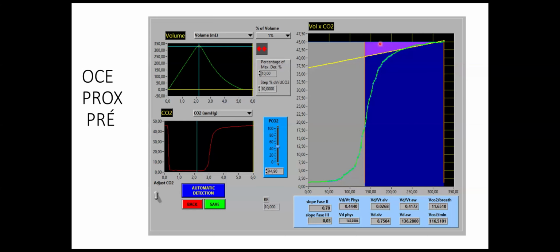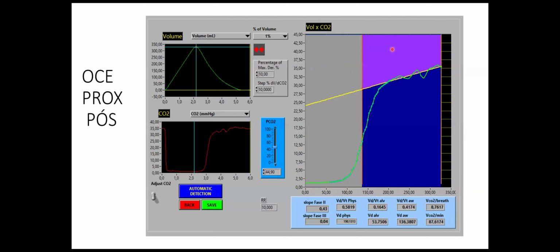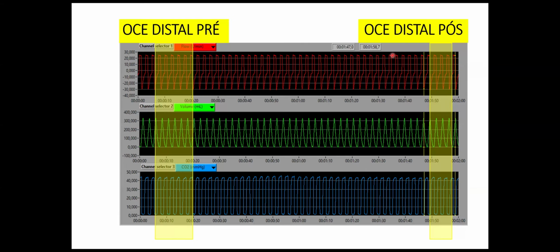And the purple represents the alveolar dead space, right? So when we produce pulmonary emboli, we see this change, right? So here we have the arterial CO2, so this purple zone increases. And we measure the size of this purple zone, and we try to correlate with the presence of pulmonary emboli.